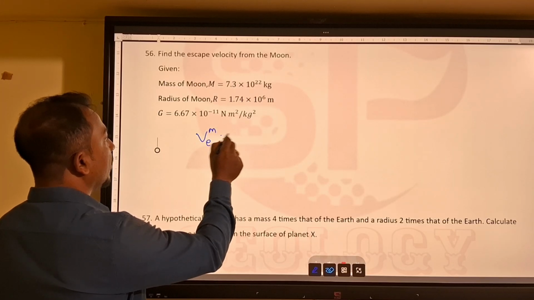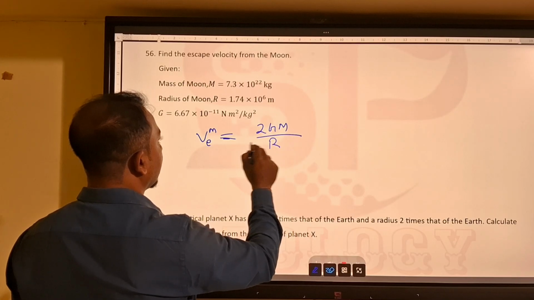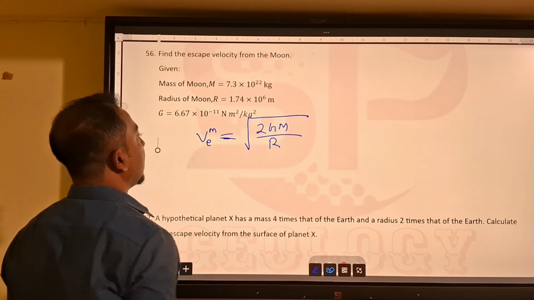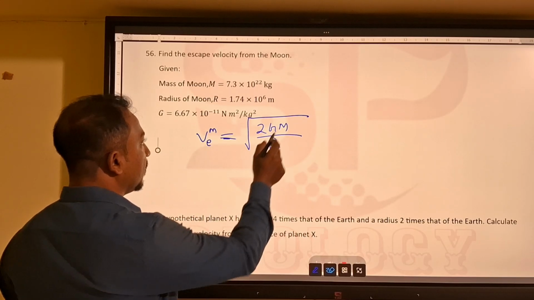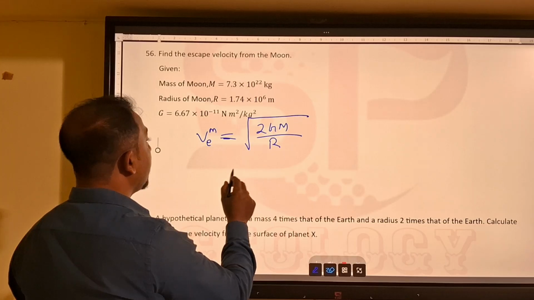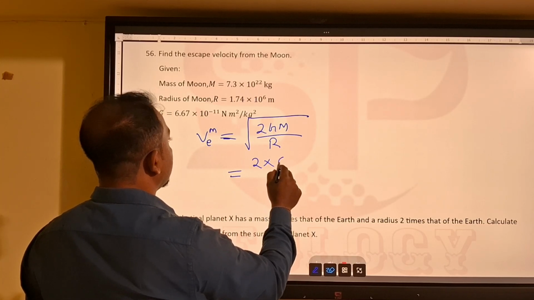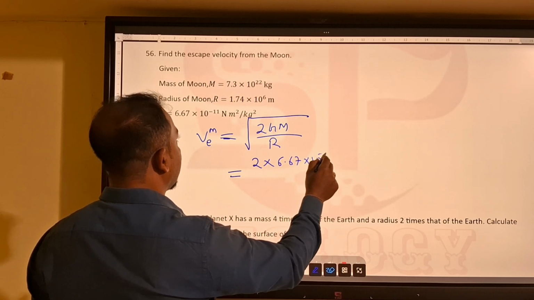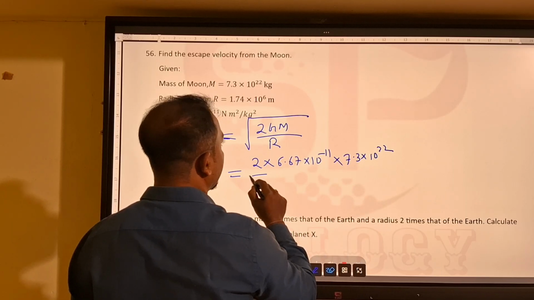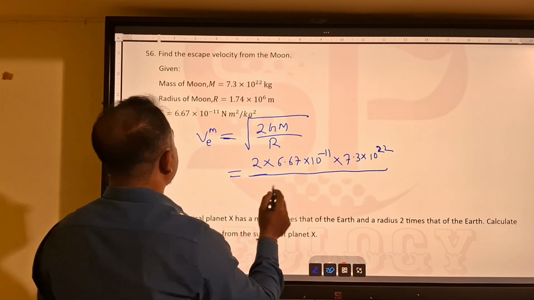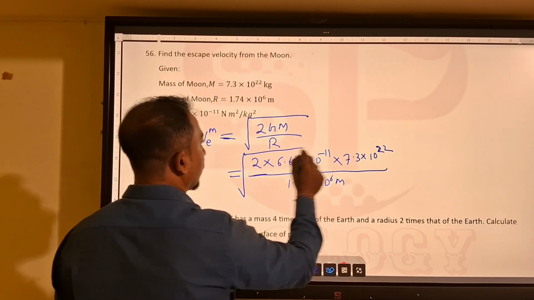Velocity of escape of the moon will be root over 2GM by R. Here M is the mass of the moon, and R is the radius of the moon. 2 into gravitational constant 6.67 into 10 to the power minus 11, into mass 7.3 into 10 to the power 22, divided by radius of the moon 1.74 into 10 to the power 6, root over.